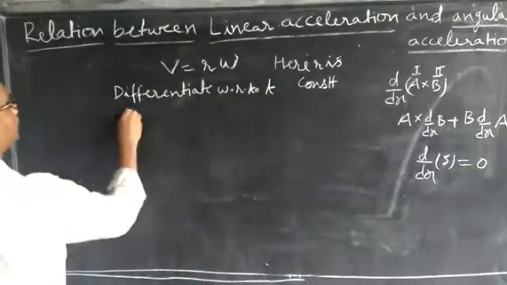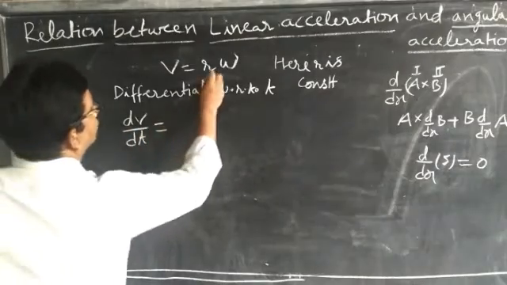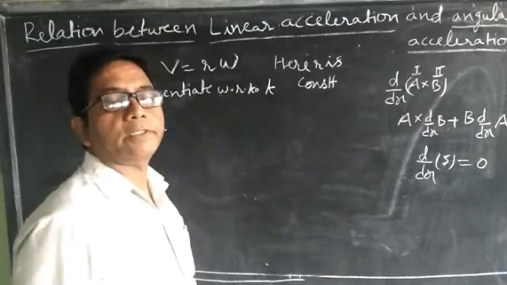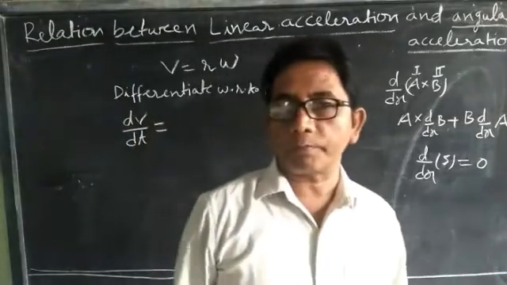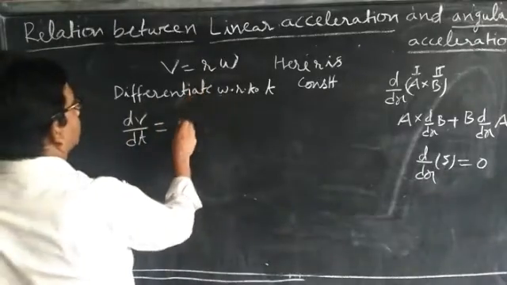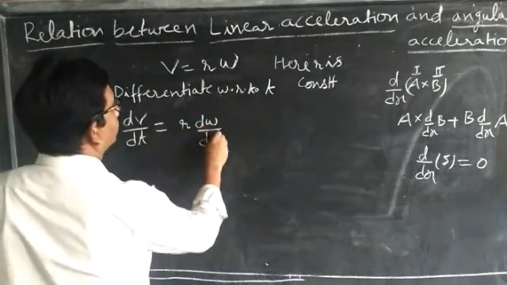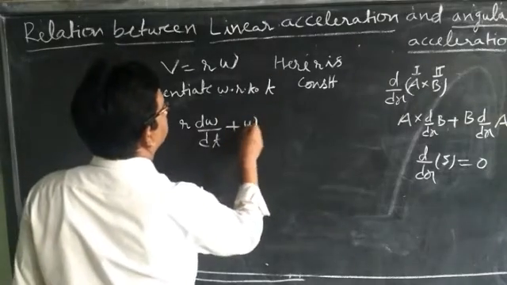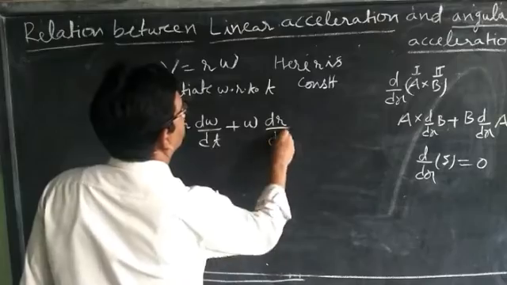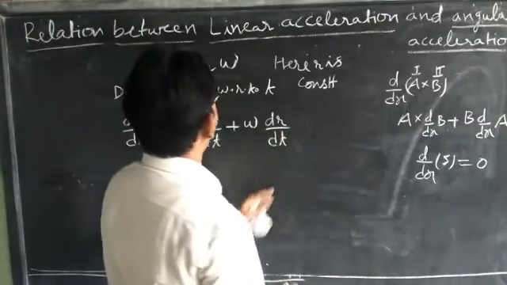Then dv upon dt is equal to, suppose r is the first function and omega is the second function, first function into differentiation of second plus second function into differentiation of first, and differentiation of a constant term is 0.